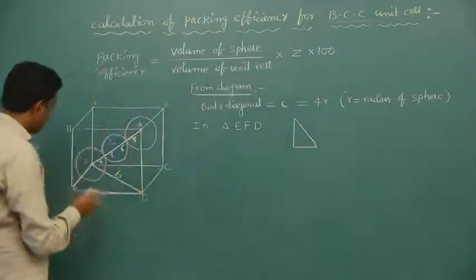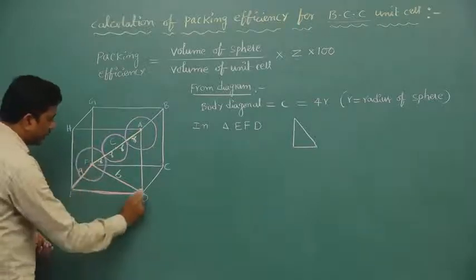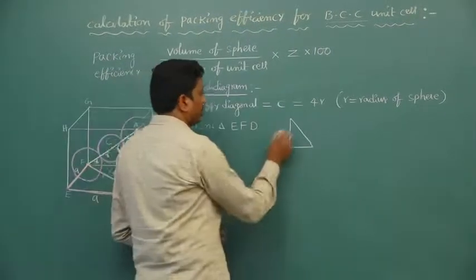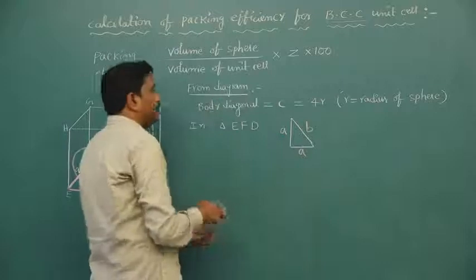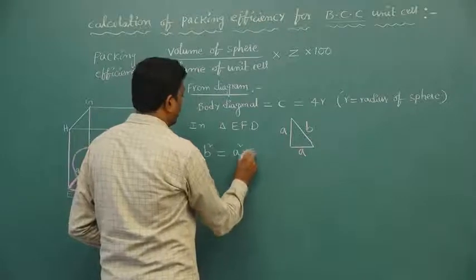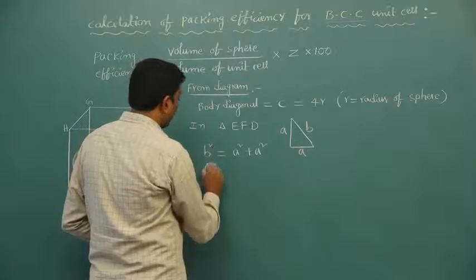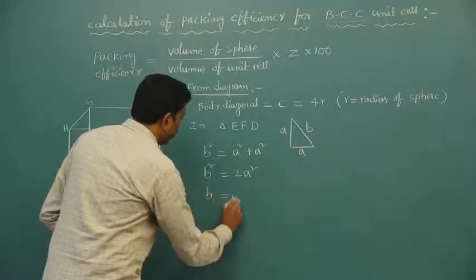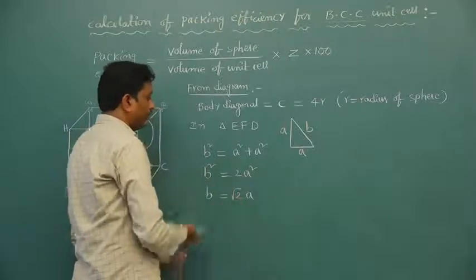This edge length we denote with A, this is also edge A, and this is the face diagonal denoted with B. B square is equal to A square plus A square, so B square is equal to 2A square, and B is equal to root 2 A.